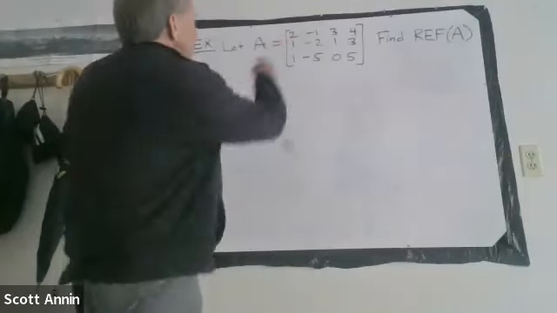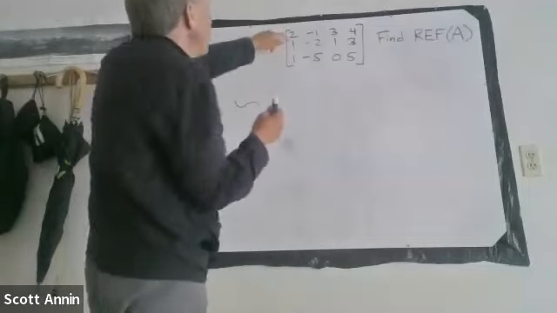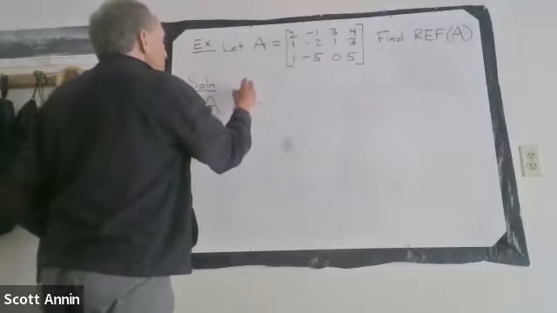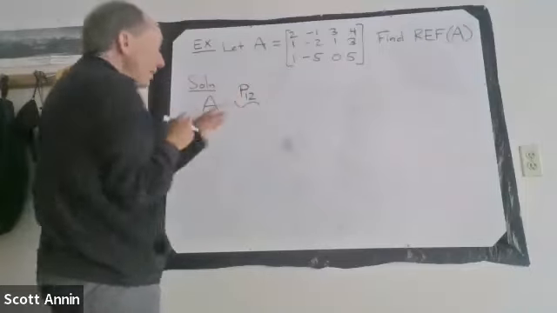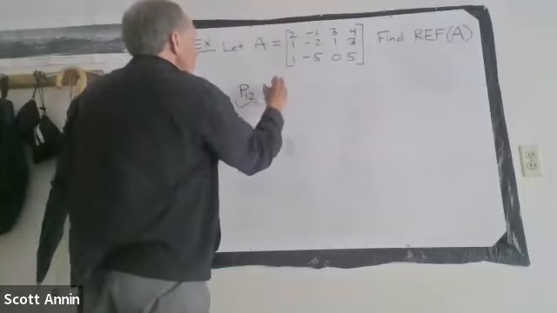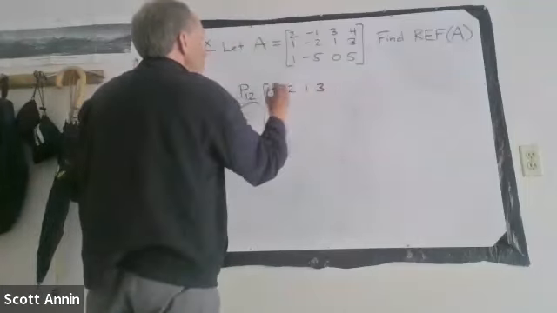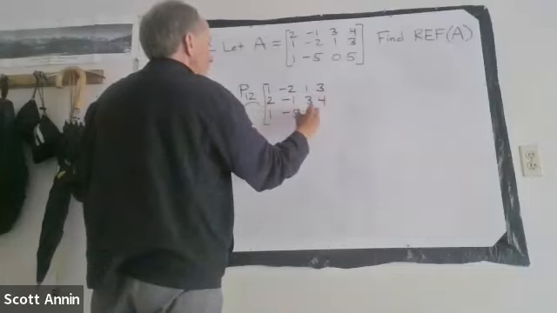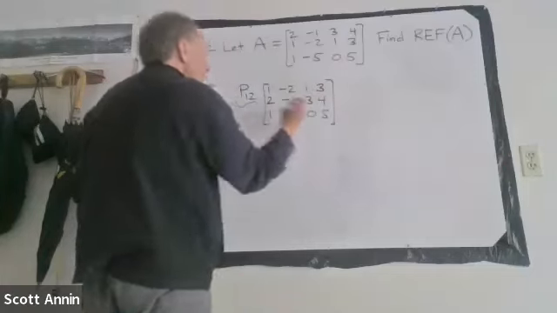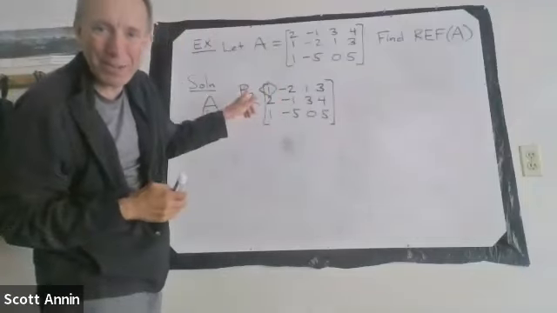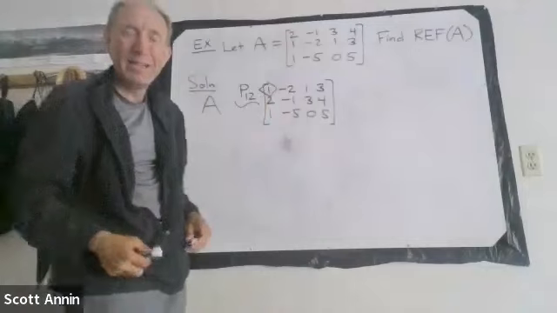I've got 1s in the second and third row in that first column. And so if I just do a permutation, I'm going to write it as P12. That means I'm going to permute rows 1 and 2. If I just permute those 2 rows, I will get my pivot into the upper left-hand corner. Okay?